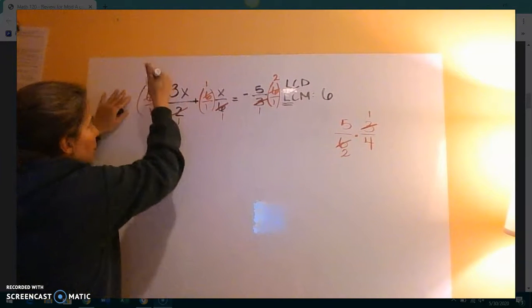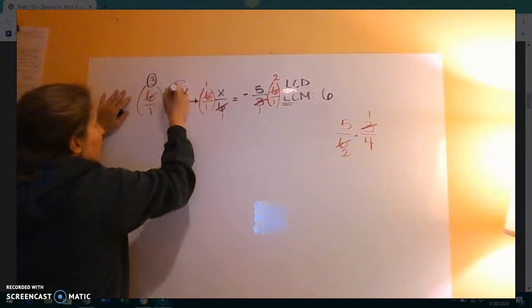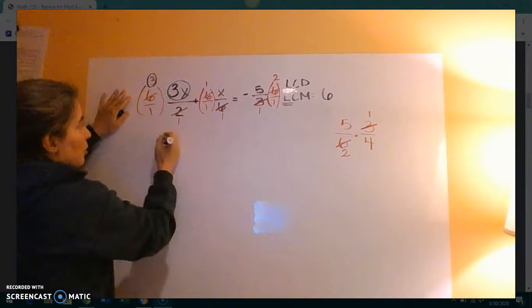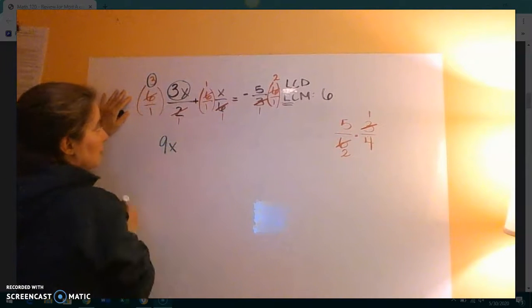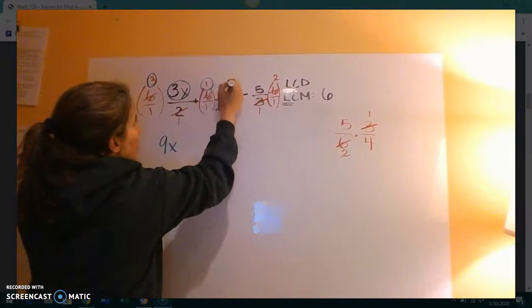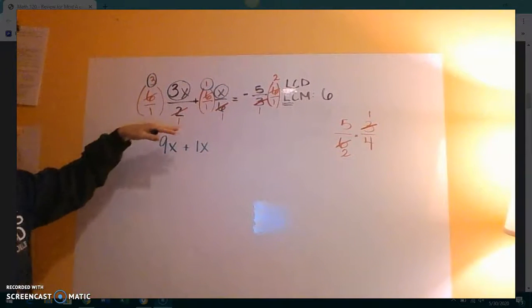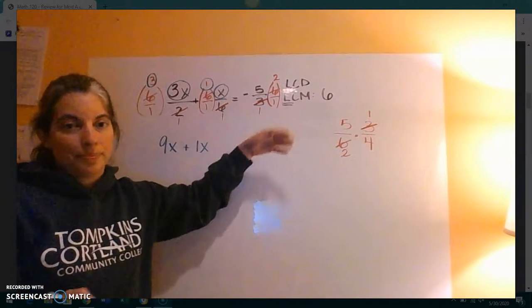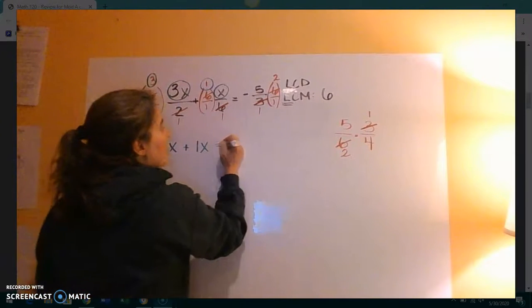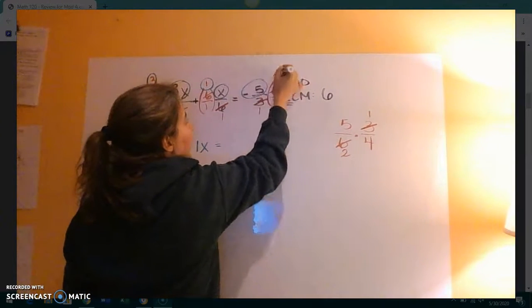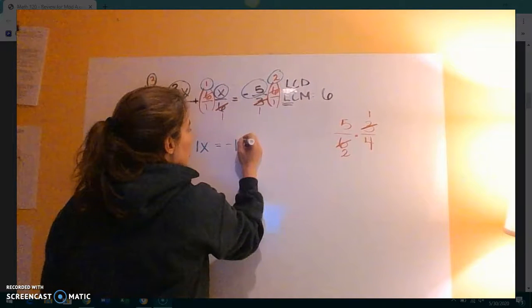Remember, these 2 things were being multiplied, so now I have 3 times 3x, which is going to be 9x. Then here I have 1 times x. I'm kind of ignoring the denominators because if you look, they're all 1. Over here I have negative 5 times 2, which is negative 10.